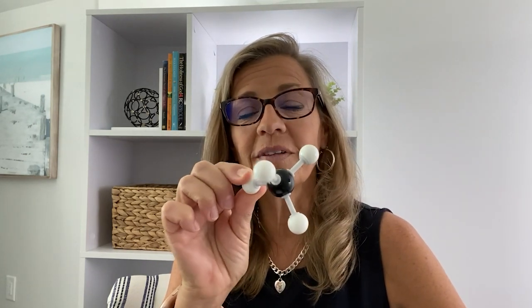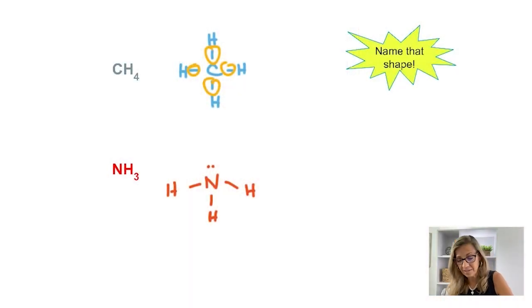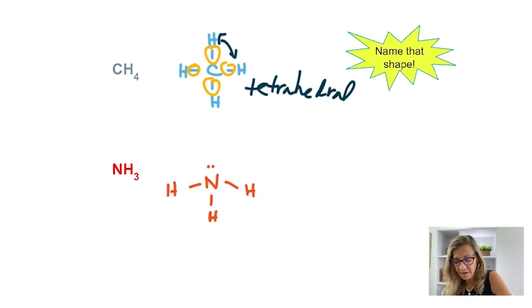Can those pairs of electrons get any farther apart than they are? No, they stay as repelled as they can be. And so this is what we call tetrahedral. And that bond angle there is 109. Okay, tetrahedral.